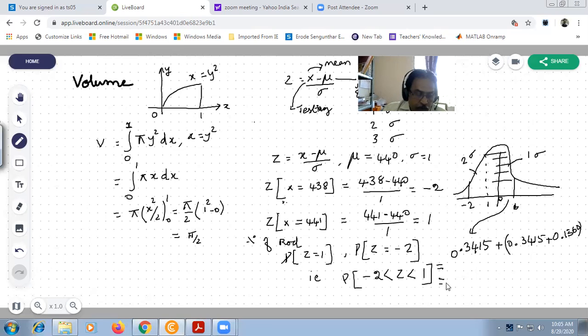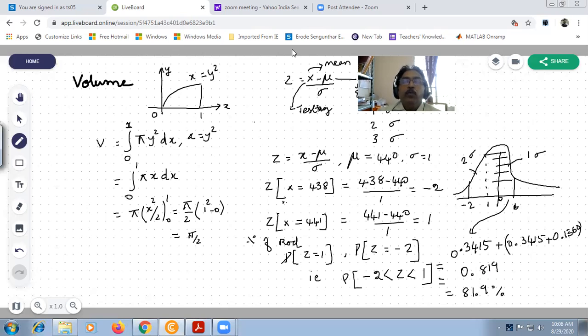This gives you 0.819. So 81.9% of rods will be in this range.